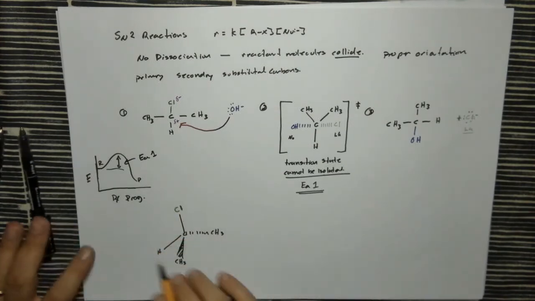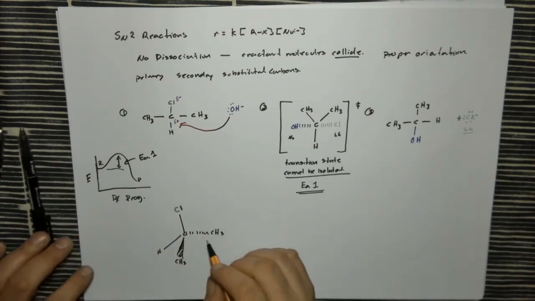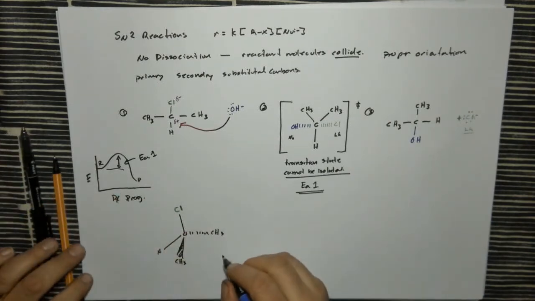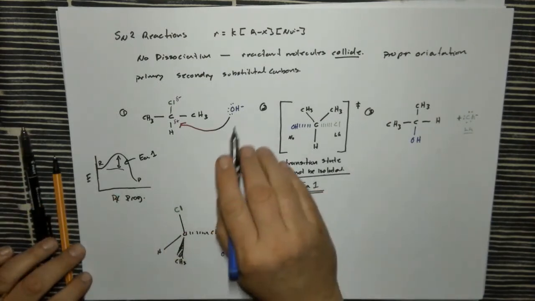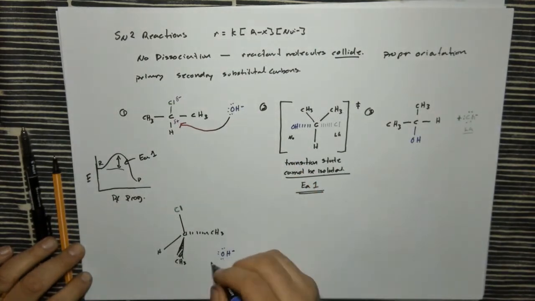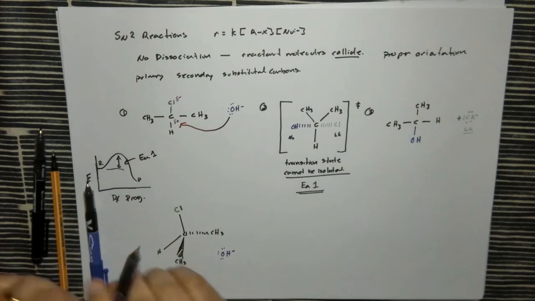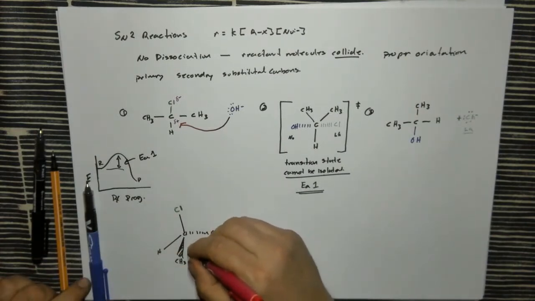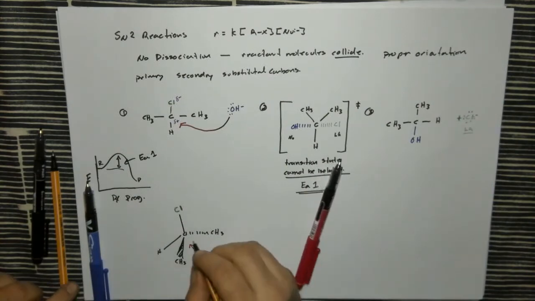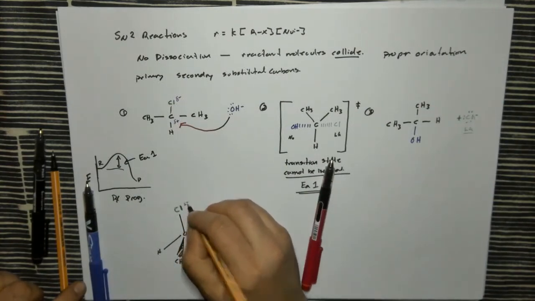Now, even with this picture, you can see that there's going to be an area here where the OH, the nucleophile, has to approach from this direction, right? Because it's attracted to this positive charge here, and this is negative charge here, right?